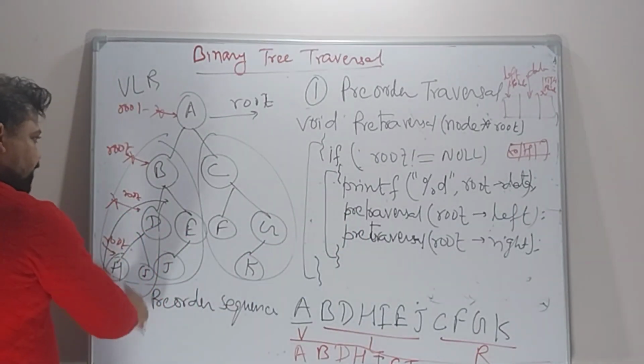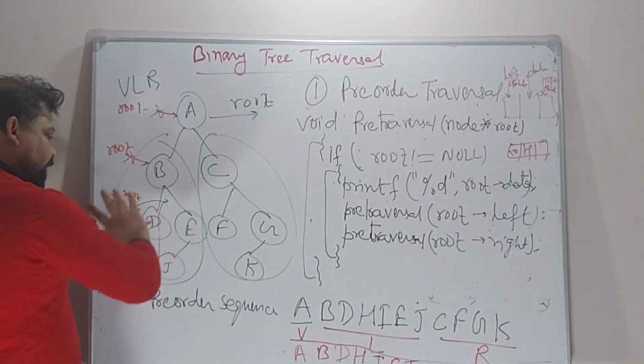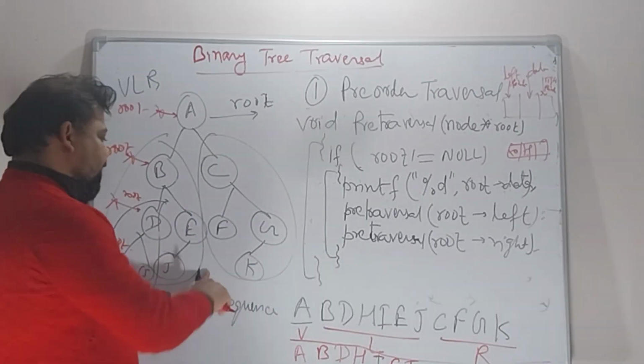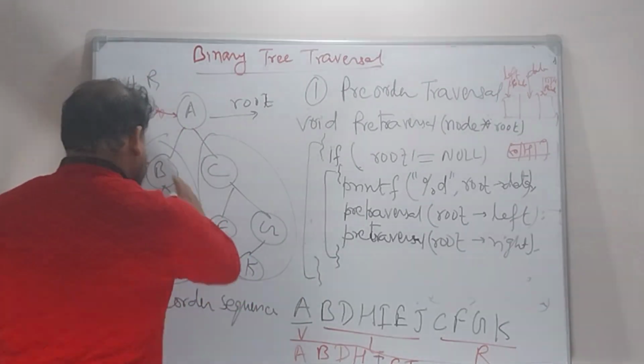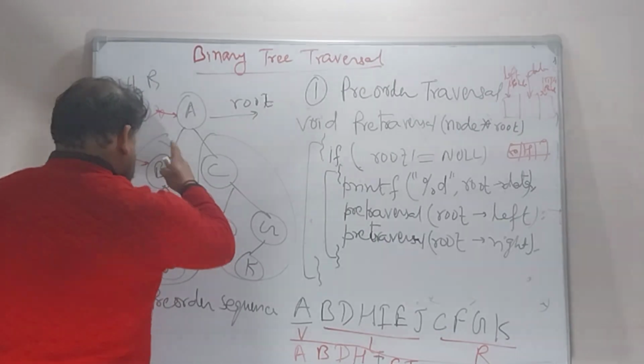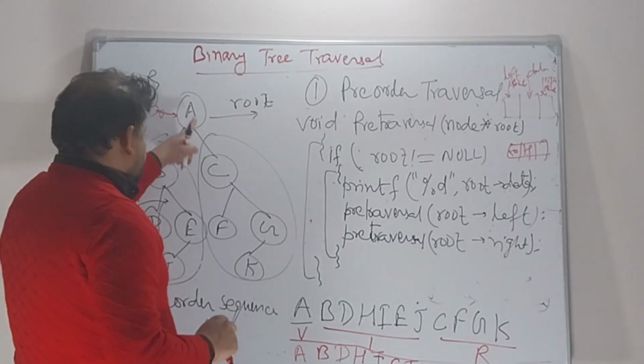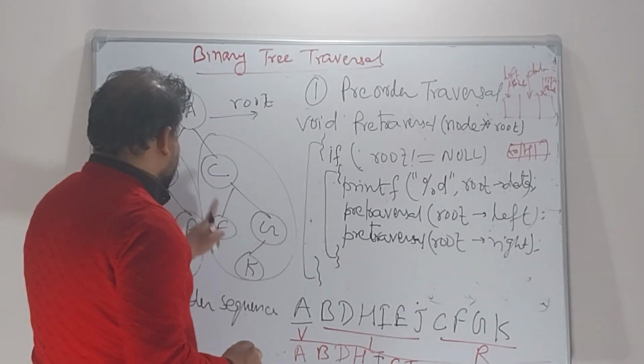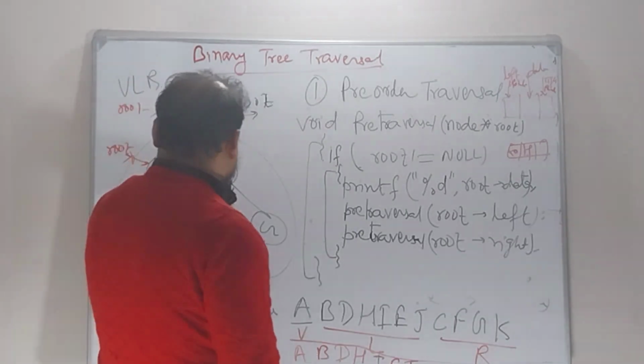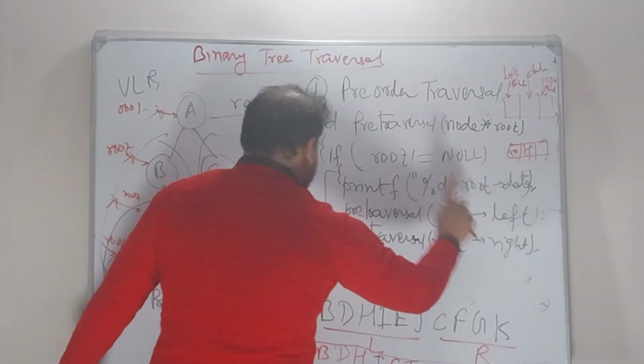Then it will come to the left side, it is null. So once again it will go back and check the right-hand side. In the right there is nothing. So now this traversal is completely finished. So it will go to the top level. Now it is looking at the right side. In the right side once again, root right.